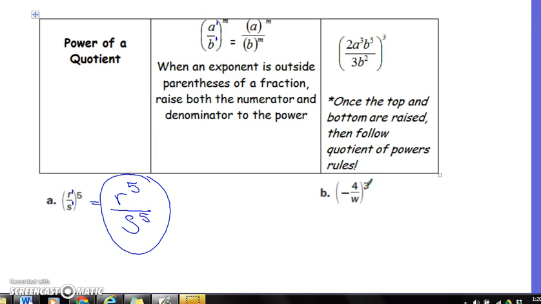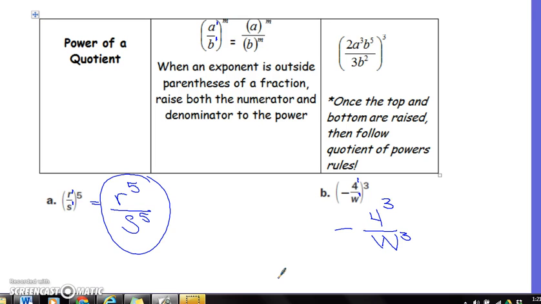So our answer is negative. The 4 has a 1 exponent and the w has a 1 exponent. So you know you're going to get a 4. You're going to get a w. 1 times 3 is 3. And 1 times 3 is 3. So your answer is negative 4 to the third divided by w to the third.